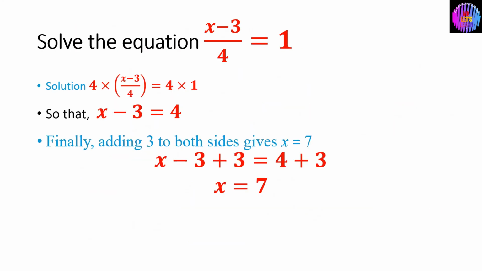Now in this given example, solve the equation x minus 3 by 4 is equal to 1. The solution is, we attempt to obtain x on its own. First note that we multiply both sides of the equation by 4.